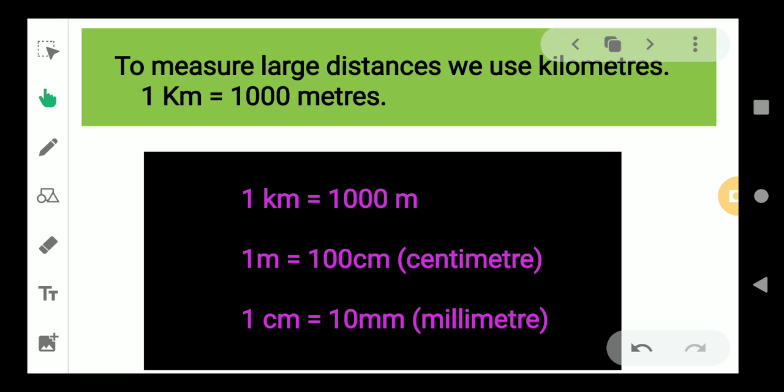Just above that, centimeter. And above that, meter and kilometer. These are the standard units of measurement which we use in our daily life.